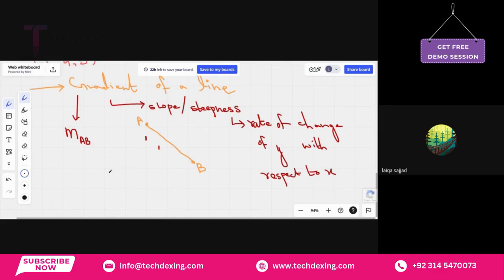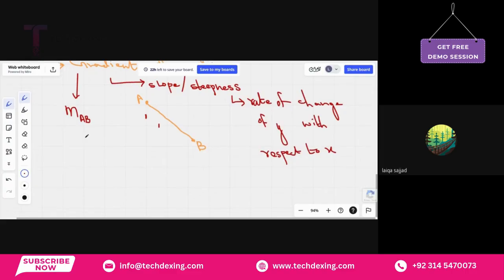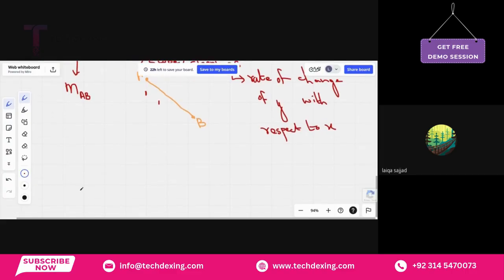So whenever you get a positive slope, like whenever the value of m is positive, the line will be rising. The line will be something like this. It will be rising.